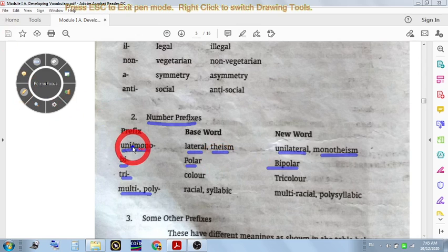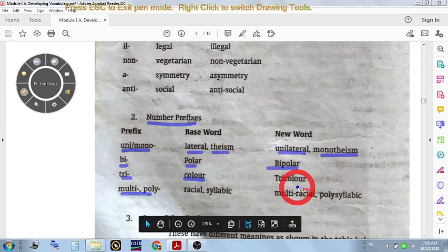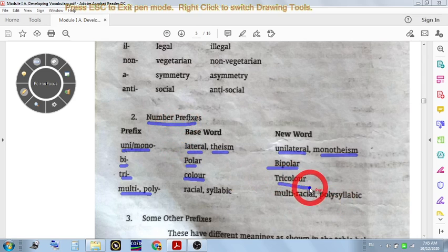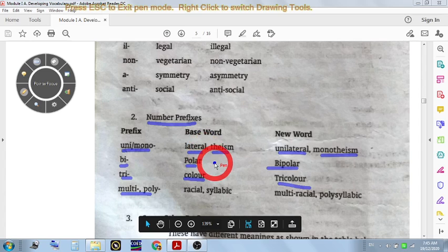So uni means one, bi means two, tri means three. So color, tricolor. So these number prefixes change the number of the base word.